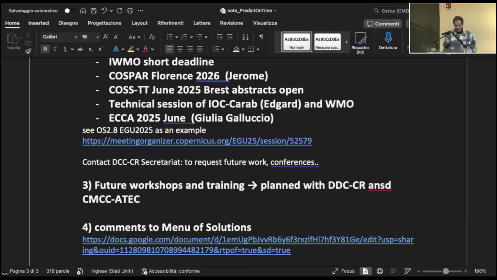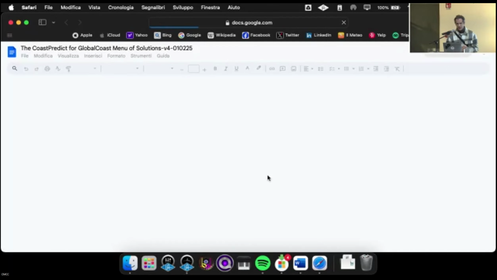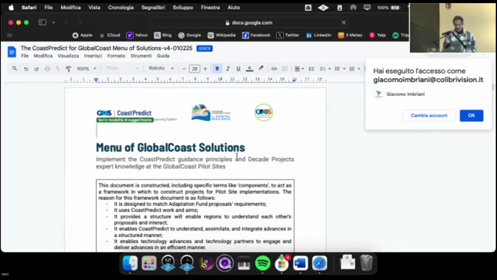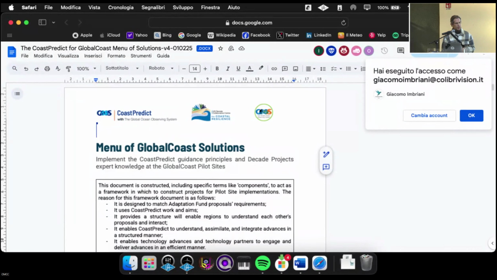And finally, we can mention the document that is being prepared about the menu of solutions. That is a document that aims to summarize the possible solutions, the possible directions of development of the coastal research.